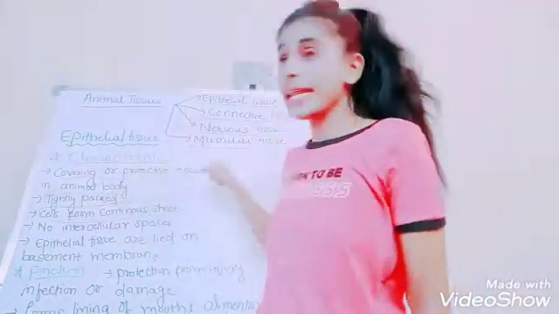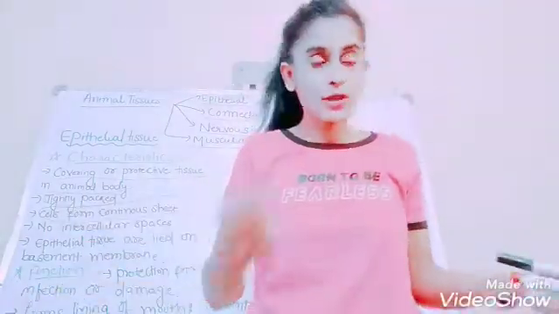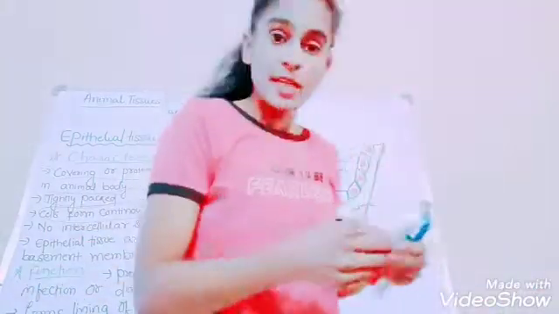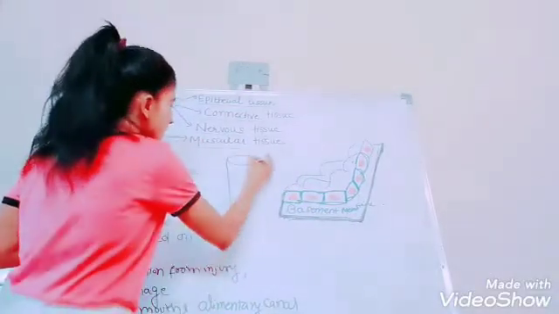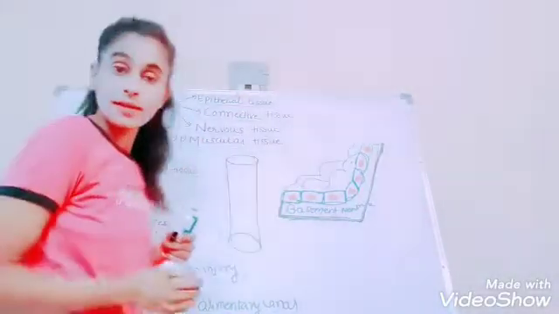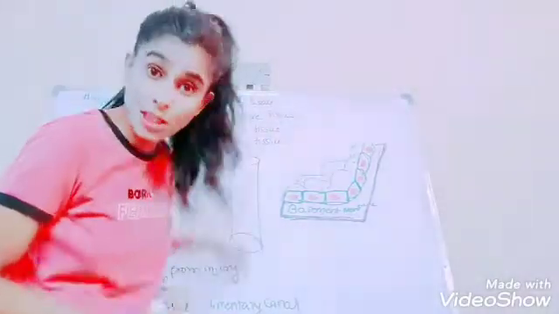This epithelial tissue forms the inner lining of the alimentary canal. I told you, alimentary canal, inner lining. Suppose this is an esophagus, or suppose this is a tube.